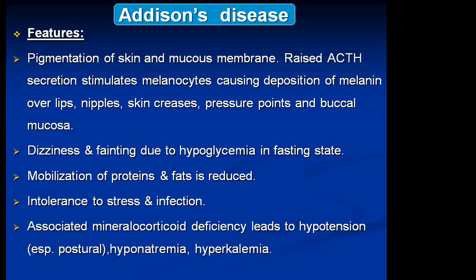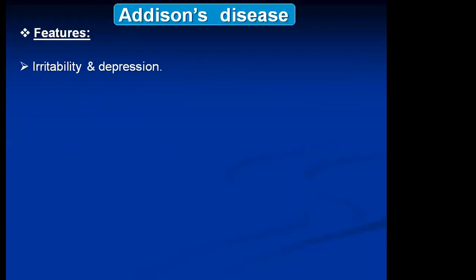Secondarily, there will be associated mineralocorticoid deficiency, which will lead to hypotension, hyponatremia, and hyperkalemia. So basically, these are the various features that can be seen in Addison's disease. There is irritability and depression.